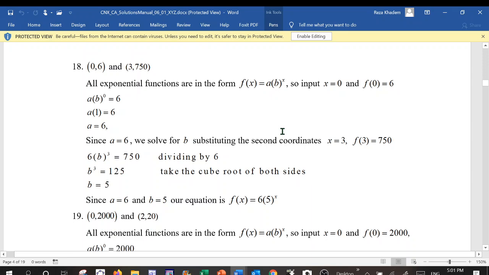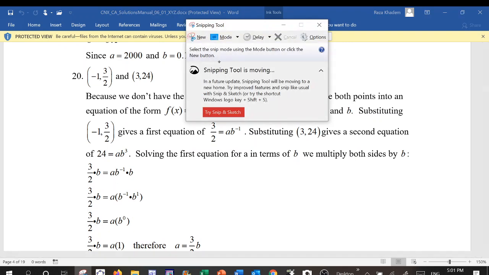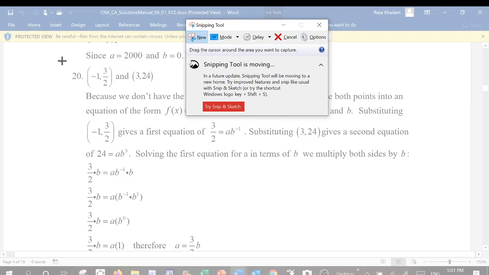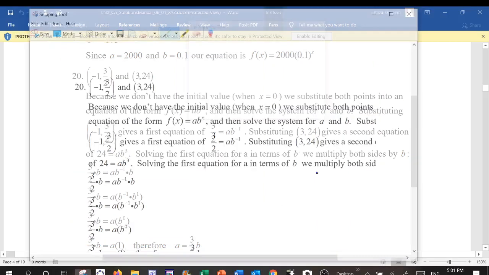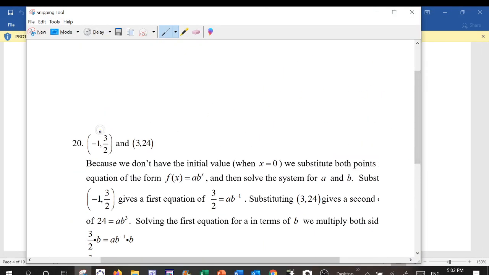I'm going to do number maybe 20. So in this case, we are given that when x is -1, y is 3/2, and when x is 3, y is 24.